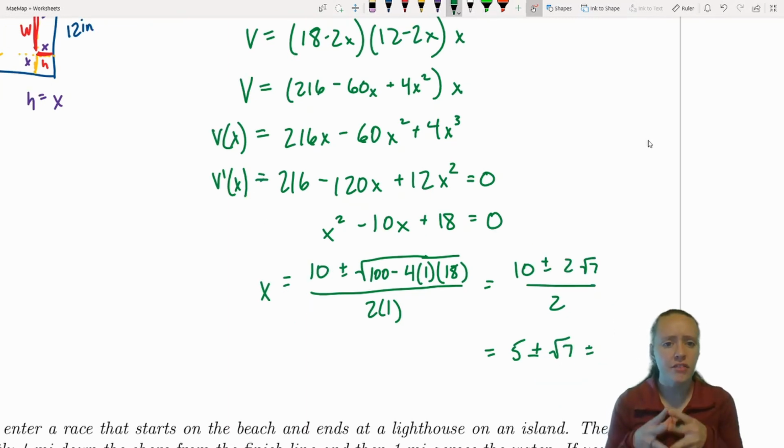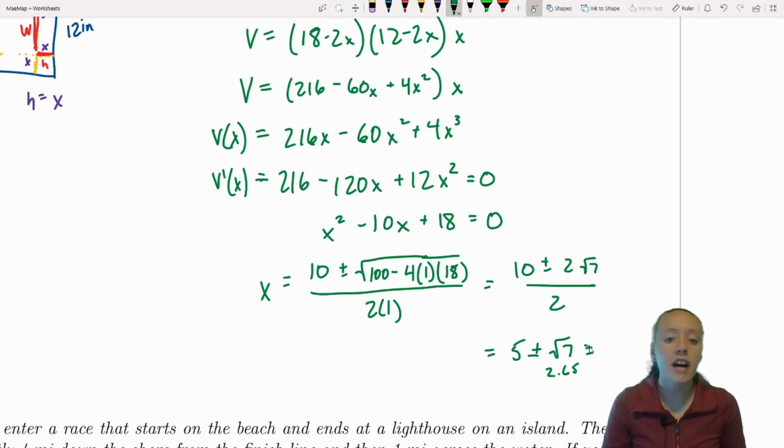Because it's kind of hard to envision exactly what root 7 is, we know that it's between 2 and 3, because the square root of 4 is 2 and the square root of 9 is 3. But if I were to enter this into a calculator, root 7 is approximately 2.645, which I'm going to round to 2.65.